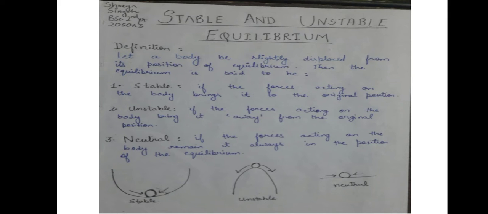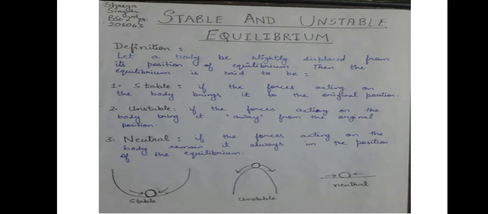The types of equilibrium, that is stable equilibrium and unstable equilibrium. Let us understand with the definition, that is, let a body be slightly displaced from its position of equilibrium, then the equilibrium is said to be stable if the forces acting on the body bring it to the original position.